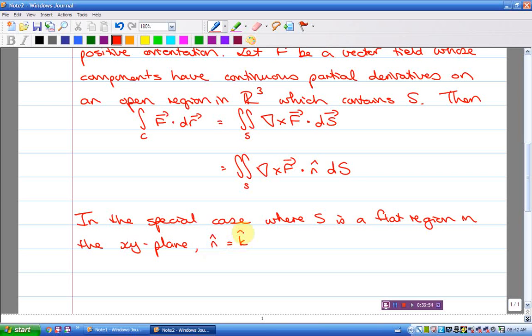Okay, so if we think of our special case, where our surface is actually just a flat region, a lamina lying flat on the xy plane, the normal that's orthogonal to it would be k, would be 0, 0, 1 pointing straight up, which means we take our curl and we dot it with 0, 0, 1, and then we flip back in our notes to where curl F was on page 63, and we'll see that if we take curl F and we dot it with 0, 0, 1, we get dQ/dx minus dP/dy.